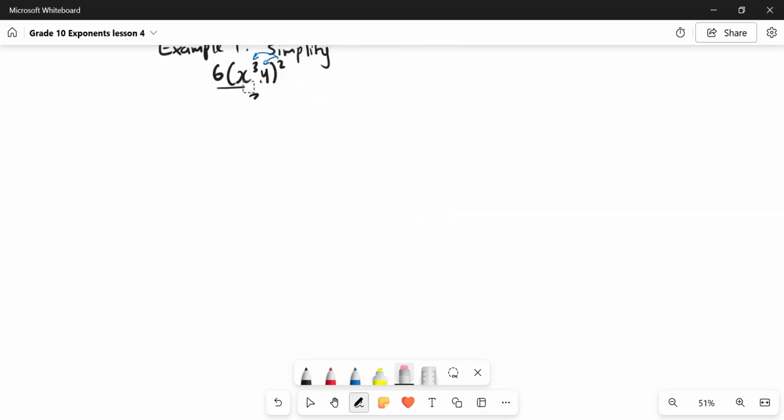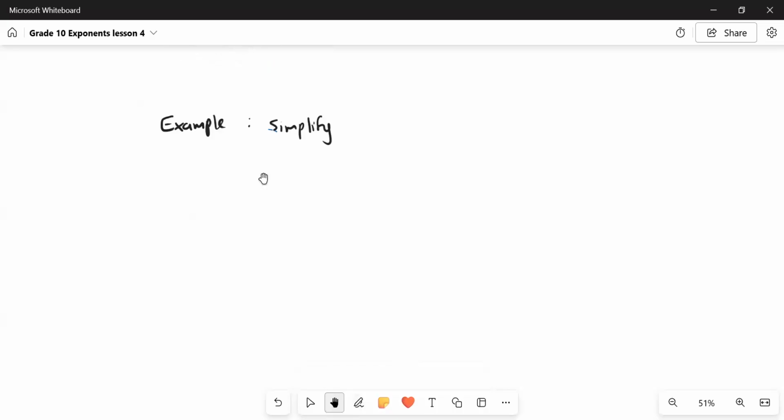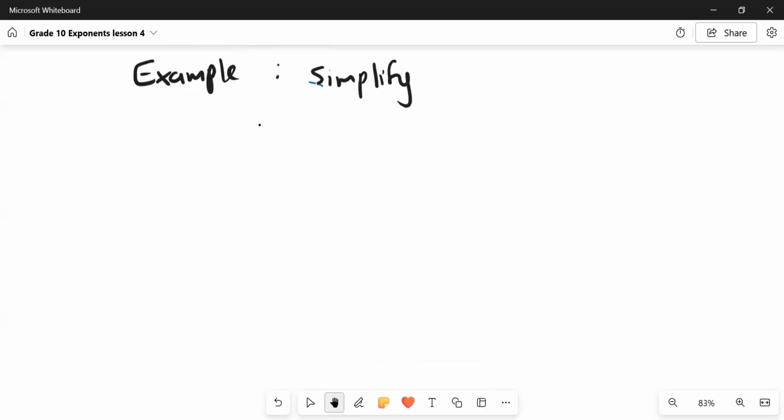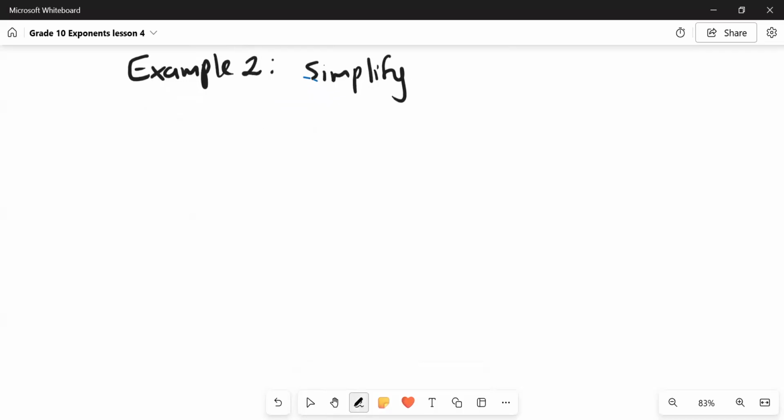Now let's move to example 2 quickly. So now we're focusing on example 2. We are still simplifying.